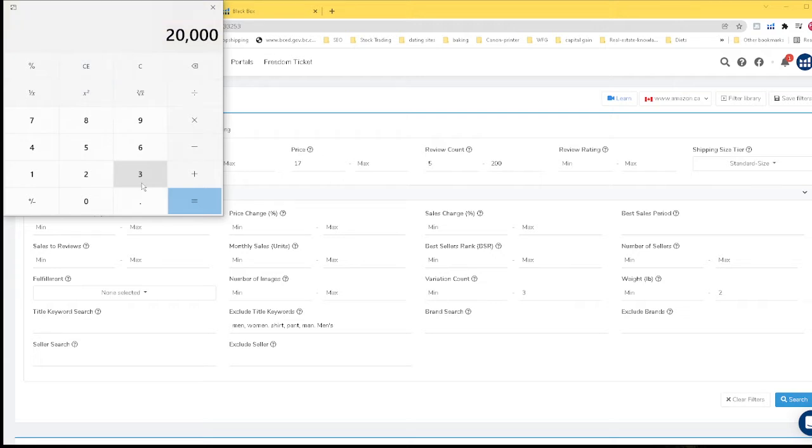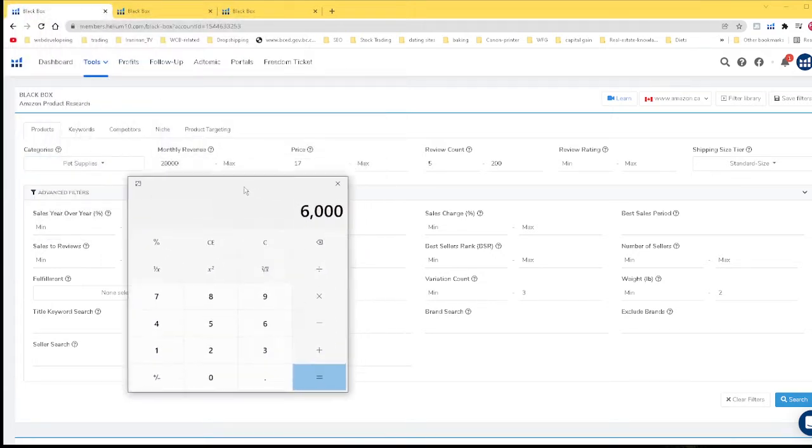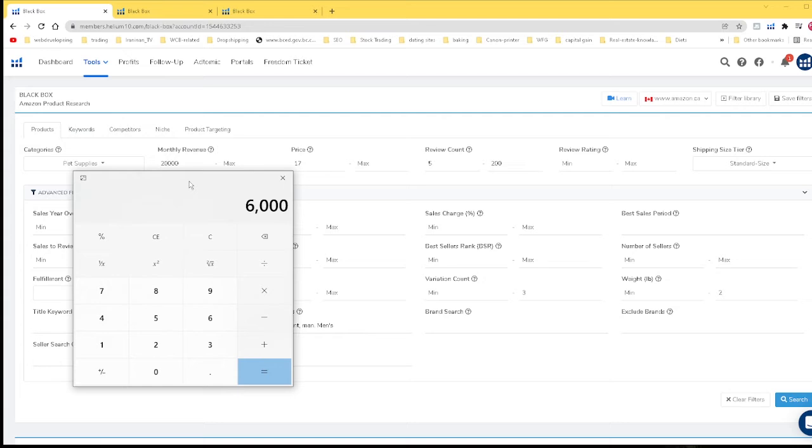So we put $20,000 times 30%. That gives you $6,000 profit if your revenue is around $20,000.